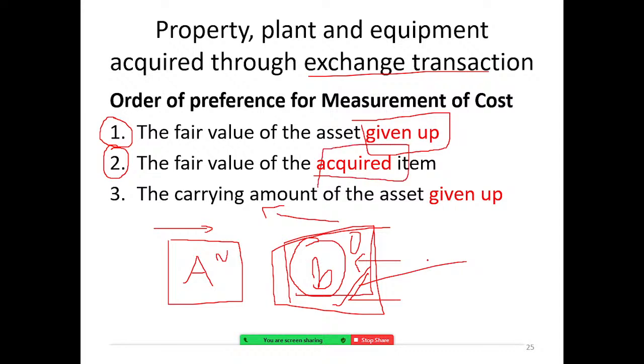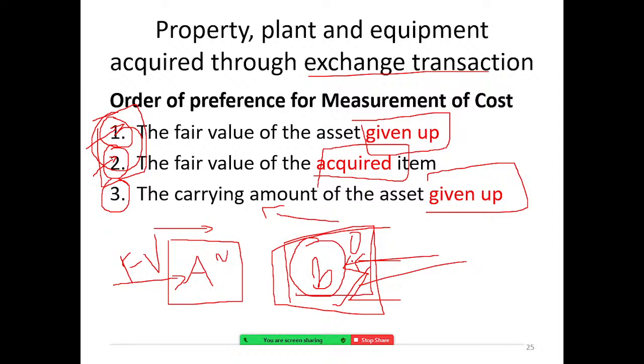So in the absence of a fair value of B, you choose the fair value of A. In the situation where the entity does not have a reasonable fair value of the asset given up or the asset acquired, then the last option, the third option, is the carrying amount of the asset given up.